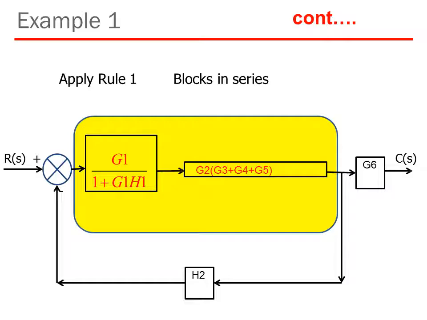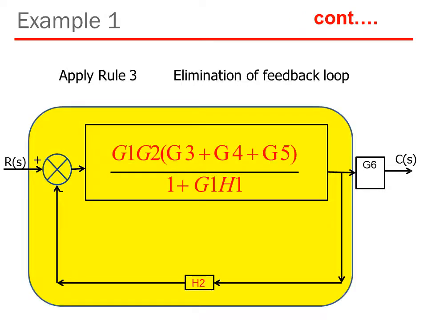Now see, the two blocks are in series. Now we have to apply the rule for series, that is multiply the gain. So it becomes G1 G2 into bracket G3 plus G4 plus G5 divided by 1 plus G1 H1. Now you can observe the feedback loop H2. Now we have to eliminate the feedback loop applying rule 3.